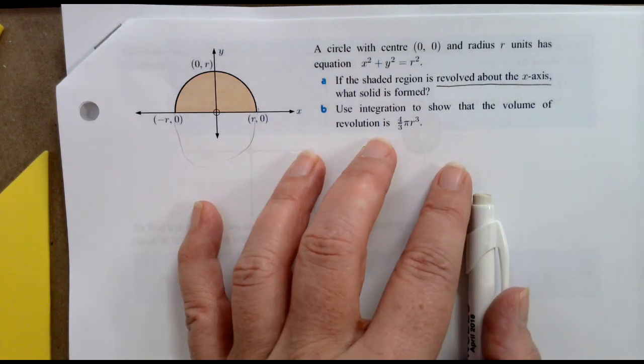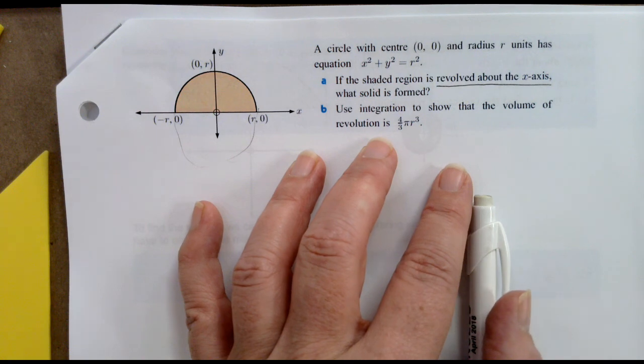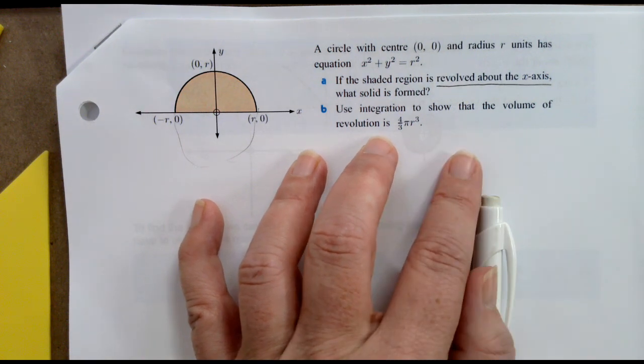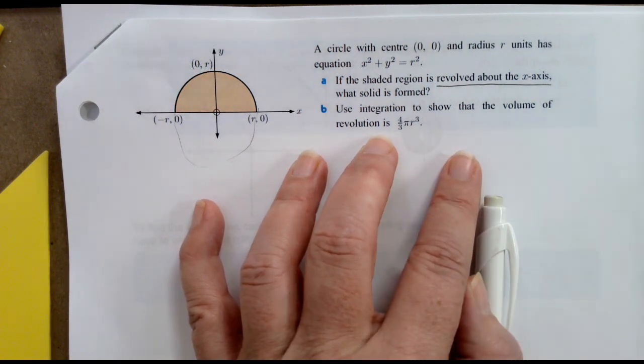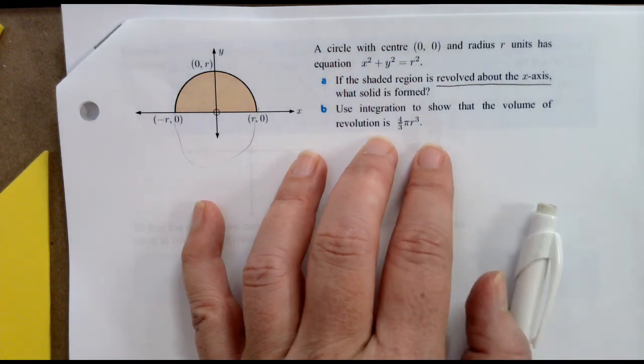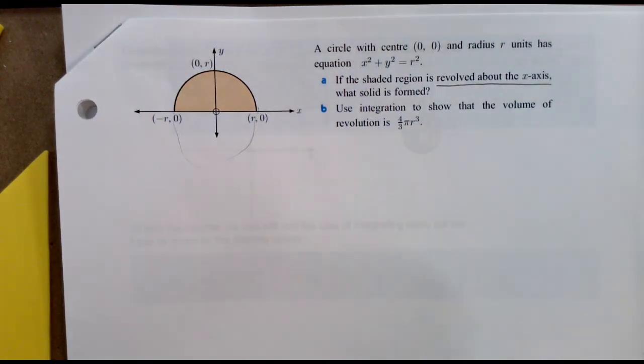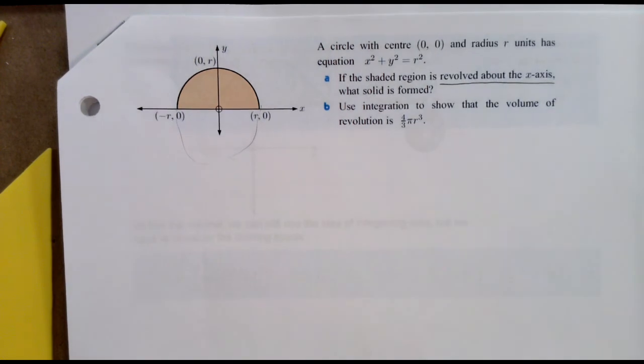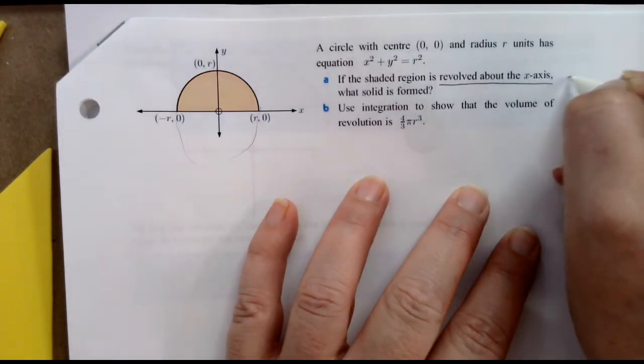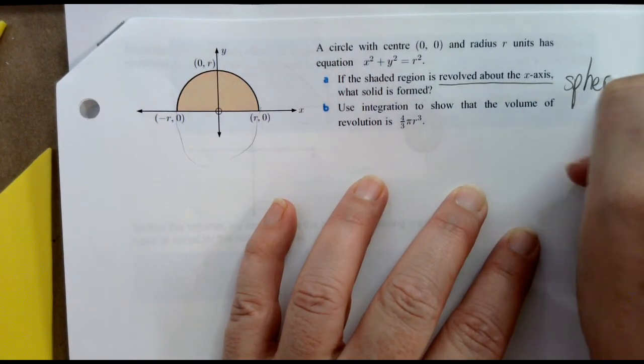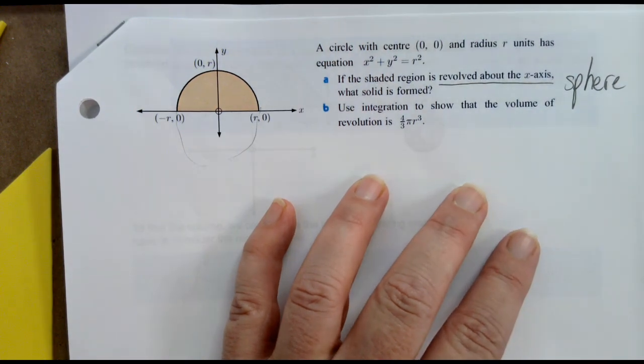They just say revolved around the x-axis, and you can assume that that is a full revolution, okay, when it says that. What solid is formed? A sphere. Very good. Nobody needs me to explain that, right? It's going to be a sphere.